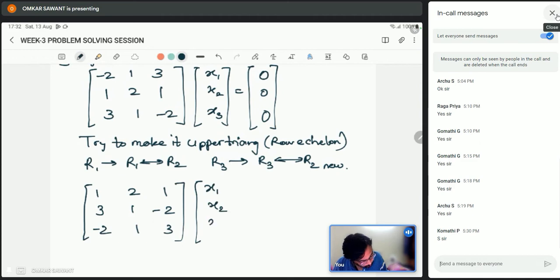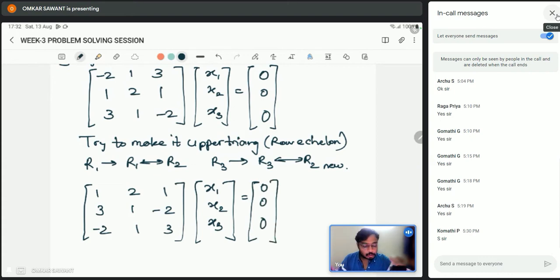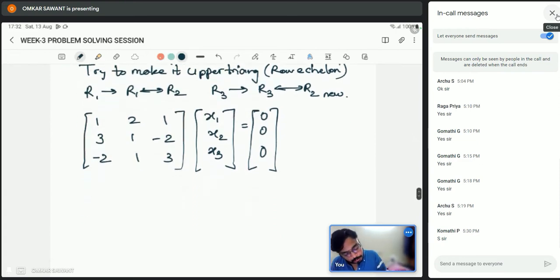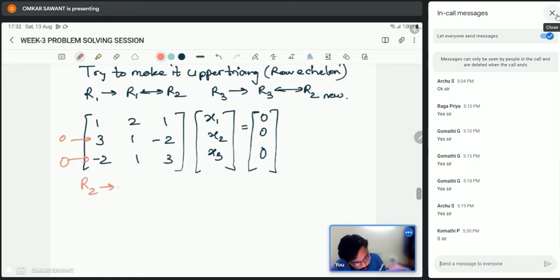Why are we doing this? To get row echelon form. We already have one in the first column, so we will just do the row operations. Now we have to make these two things 0. So R2 gives R2 minus 3R1, and R3 gives R3 plus 2R1.